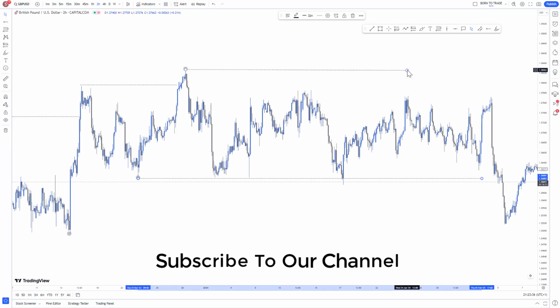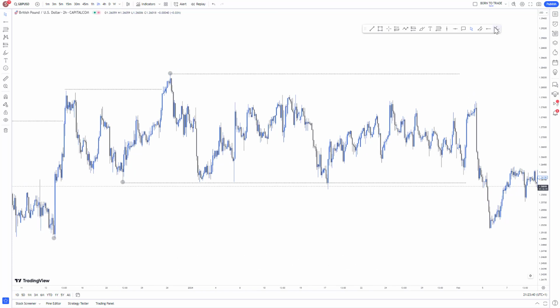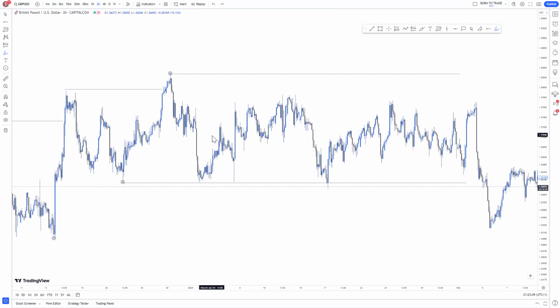Now this is where a lot of people might actually get confused, because someone who doesn't really understand how to read structure might be stuck inside this range, or any other person that trades internal structures, because anyone that trades internal structure might actually be trading maybe from this area, taking trades. At this point they start seeing a shift of this internal structure. They look to trade from this area.